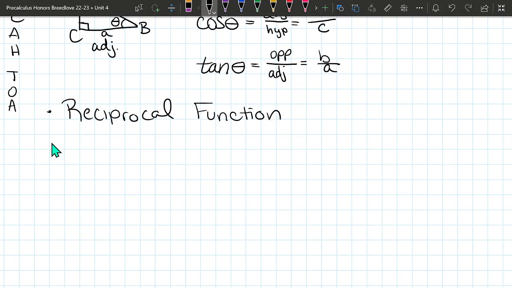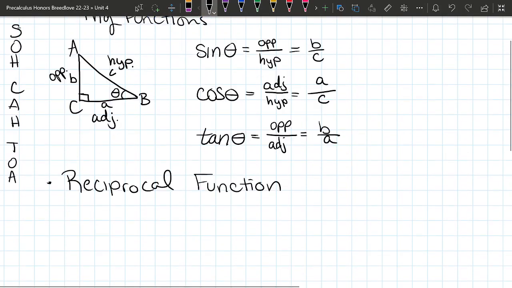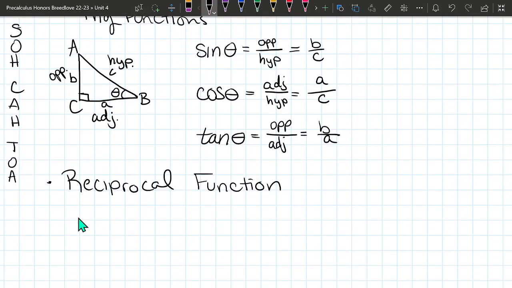So we have 3 of these. Because if we had sine of theta, what if we had 1 over the sine of theta? That would be cosecant theta. So this is CSC theta, and that stands for cosecant.